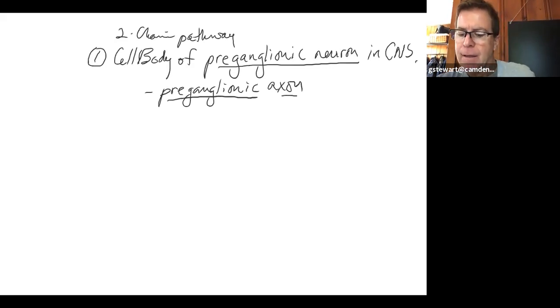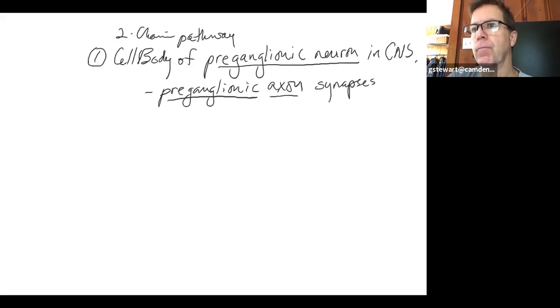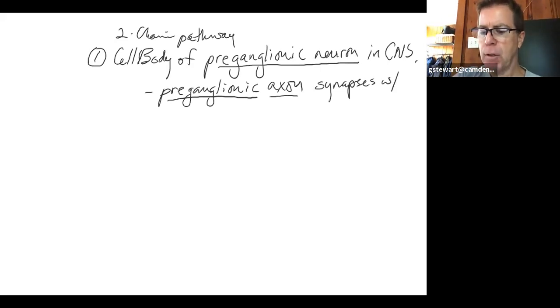The preganglionic axon synapses with a second motor neuron somewhere outside in the peripheral nervous system. So I'm just writing synapses with a second motor neuron, and we're going to call that the postganglionic neuron.